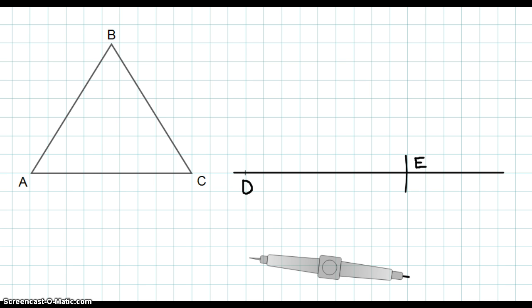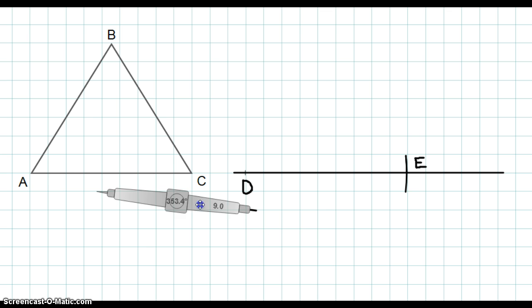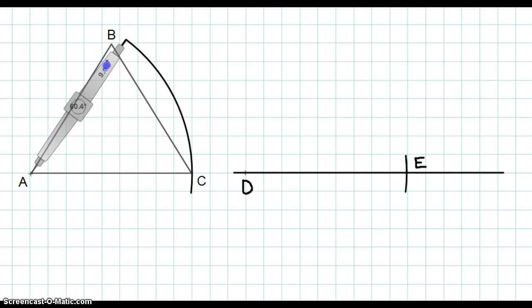So I am going to find out the length of the other sides of triangle ABC. I am going to again use my compass to find out the length of the other sides.